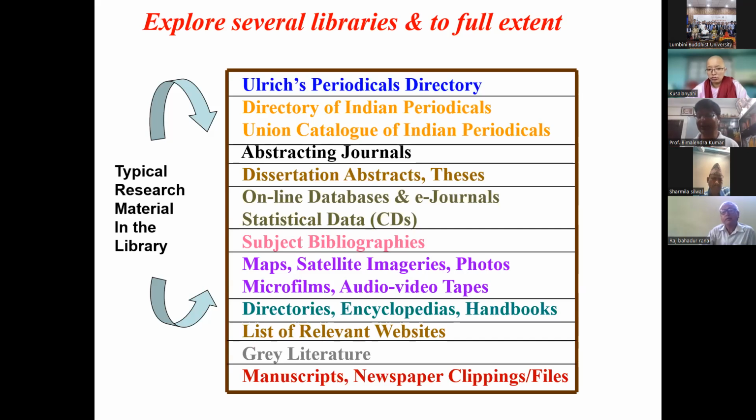Nowadays, there are online databases and e-journals, and there are statistical data which are also available on CDs. Some case studies related to our Buddhist studies are also available on CDs. You have to go with it.